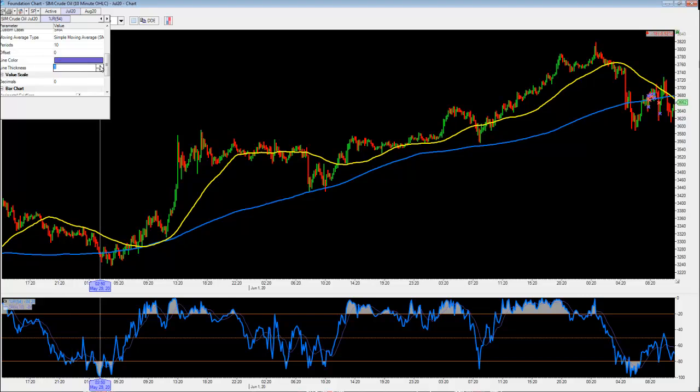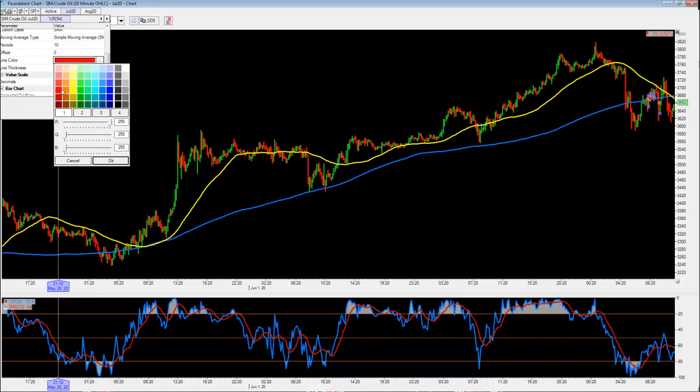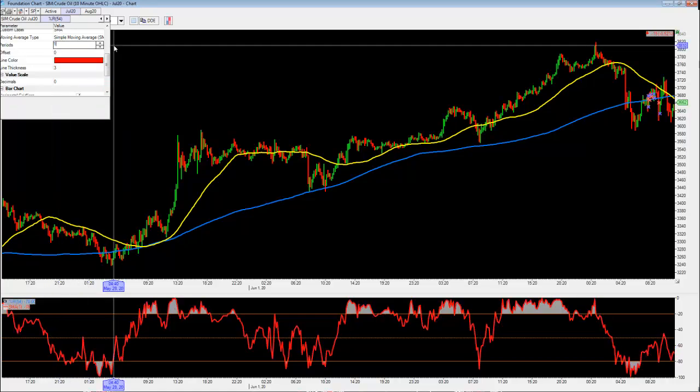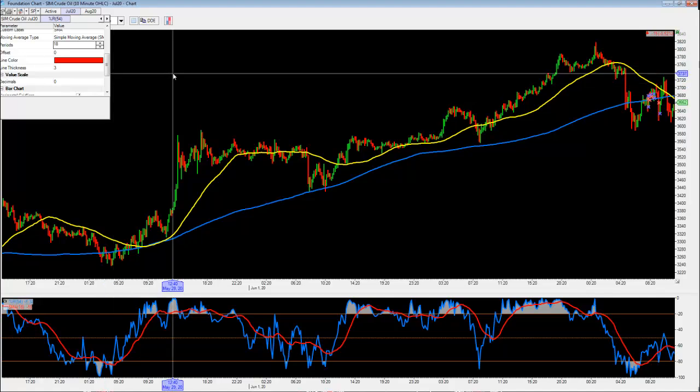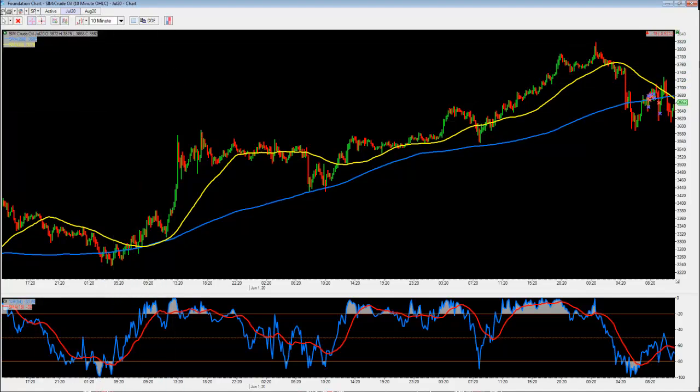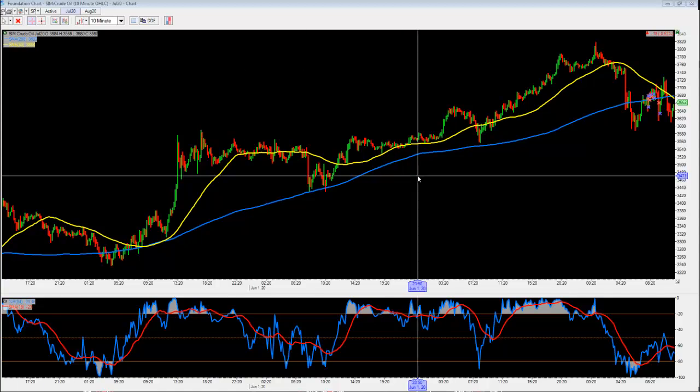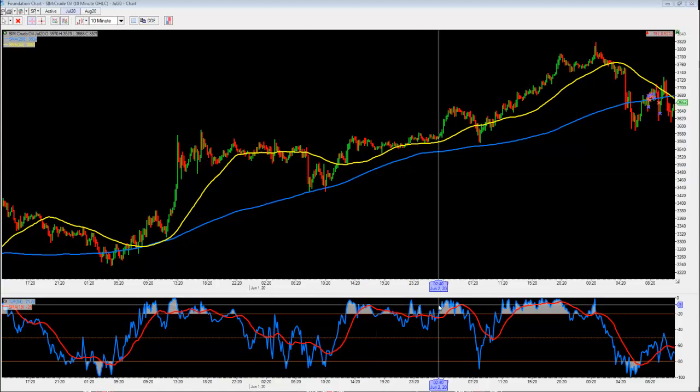We want to make it 3, make it red, and change the periods to 18. And we're going to save our chart. So we've added an oscillator onto our Williams %R, and it's to help with the momentum of the market.